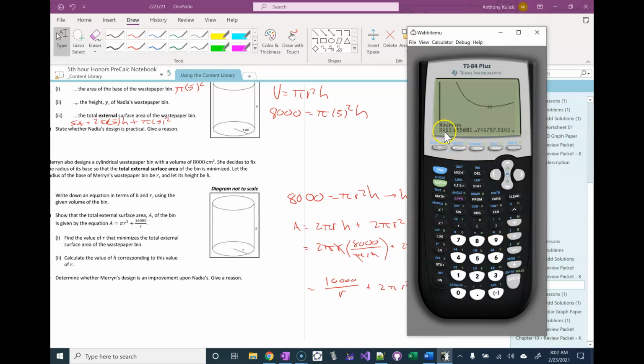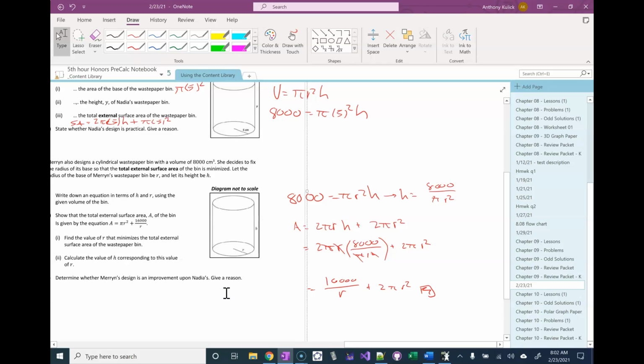So the calculator says that the value of x is 13.66, to give me a surface area of 1,757. So 13.66 is the answer there.